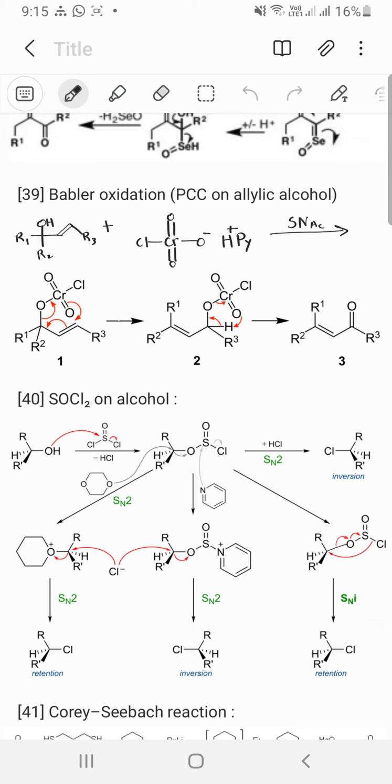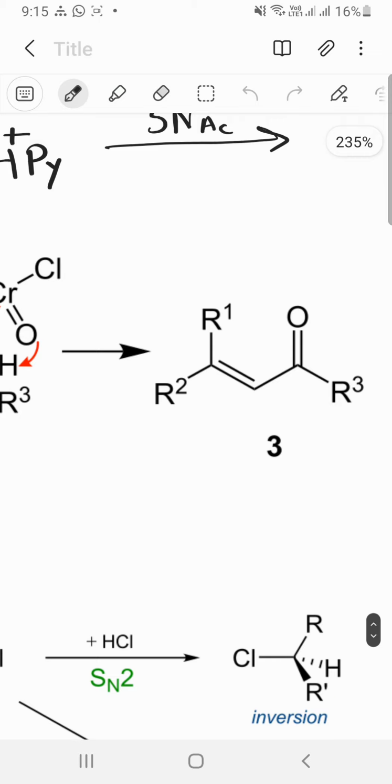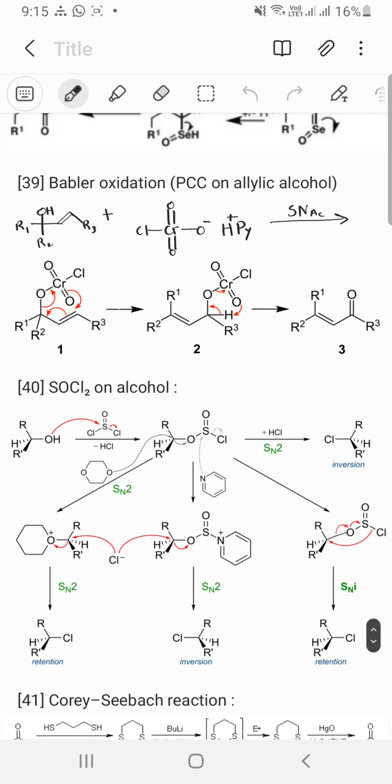So it can only do 1-3 shifts, I guess, and that creates this thing. Okay. Fine. I mean, this cyclic transition is not that bad. It's not hard to imagine. This looks like a legit mechanism.